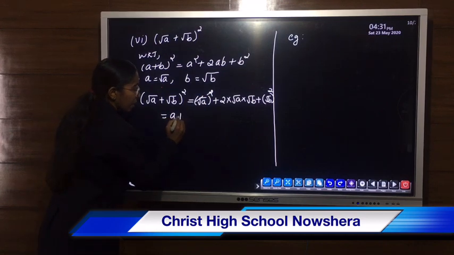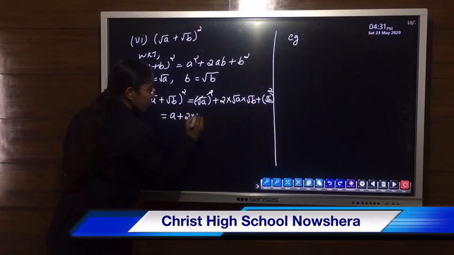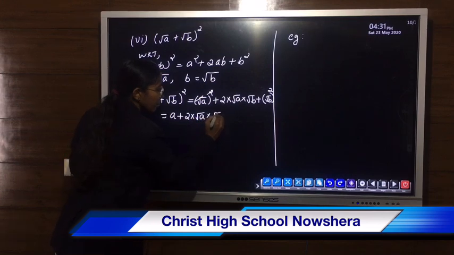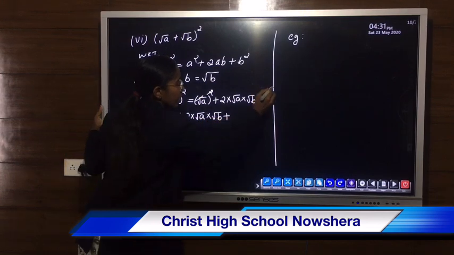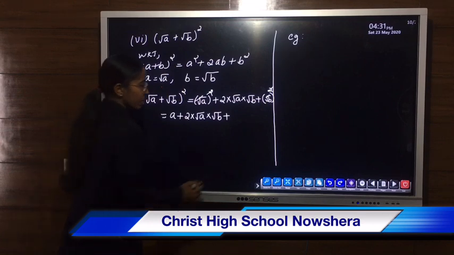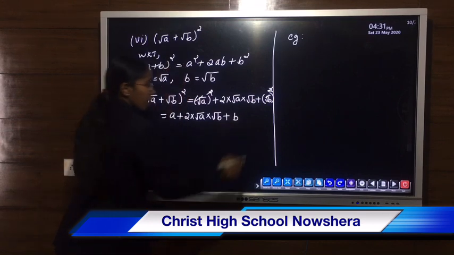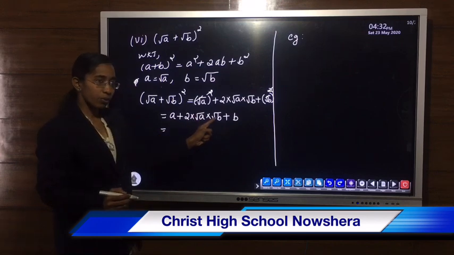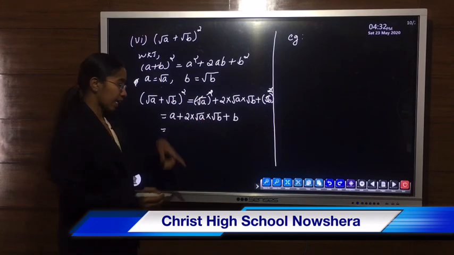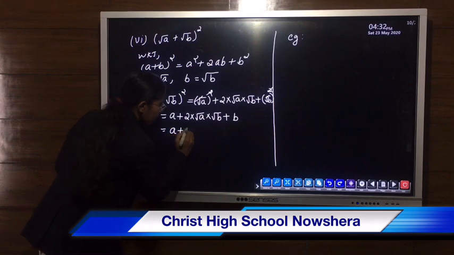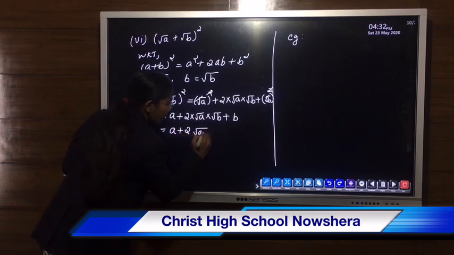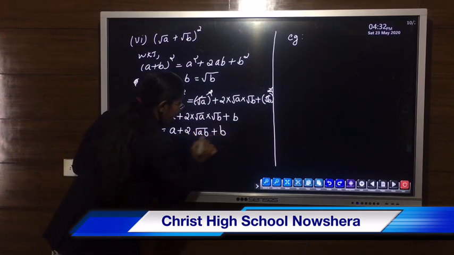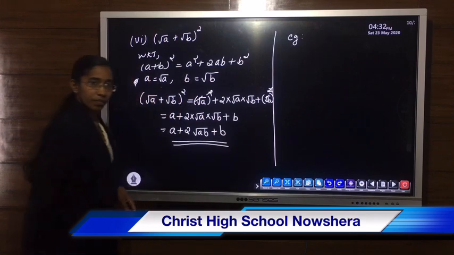That is a plus 2 into root a into root b plus, here also we can cancel square and root, so our value is b. Again, root a into root b we can write as root ab. That is a plus 2 root ab plus b. So this is the answer.